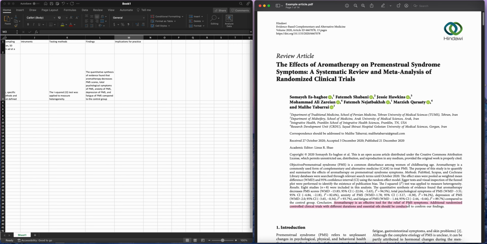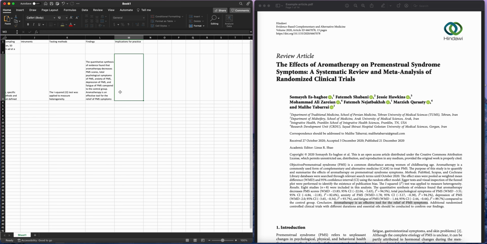Aromatherapy is an effective tool for the relief of PMS symptoms. And they're also suggesting for future researchers, additional randomized controlled trials with different durations and different essential oils should be conducted to confirm our findings. So that's valid, that's fair. So aromatherapy is an effective tool for. So we can put that, I would say, in findings.